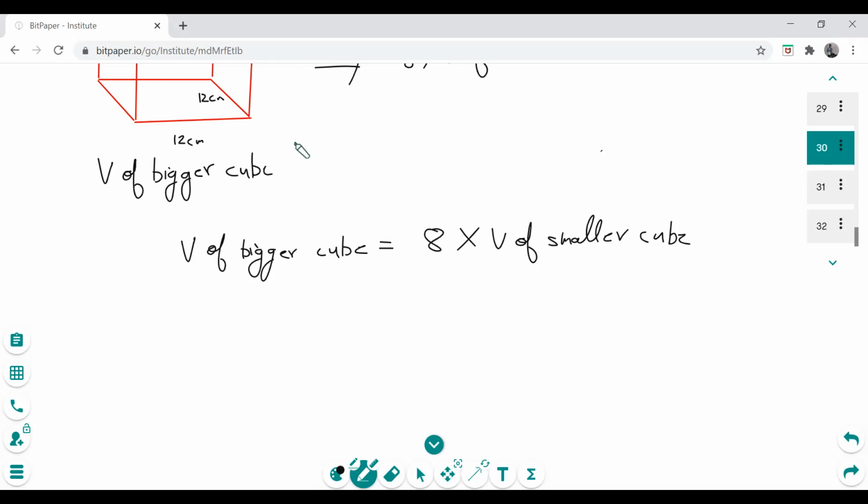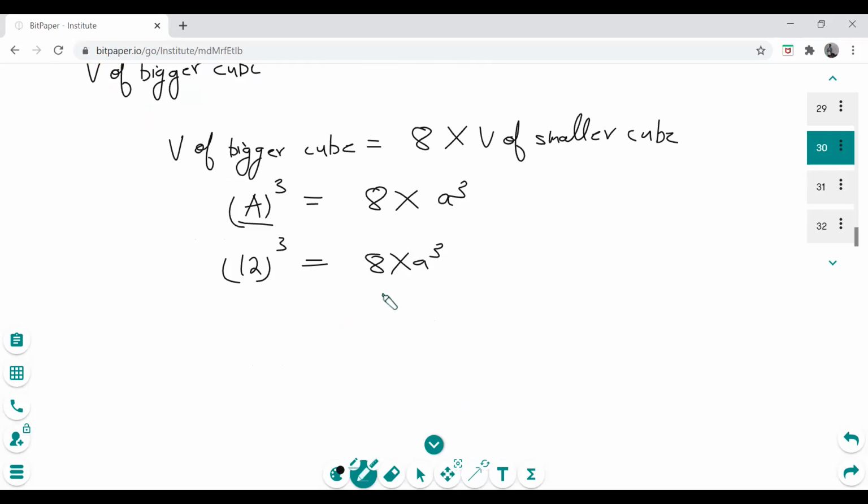I told you just before the session. It's a cube. So if we have a bigger side, let's call it bigger a cube, and 8 times smaller a cube. Now the bigger side is 12, so 12 cube is equal to 8 times a cube.